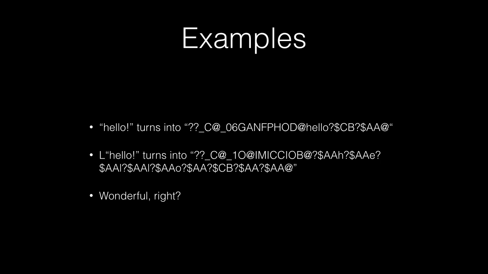And then what was before that hexadecimal number was some sort of length. That's what that 6 is. That's my hello. And then that 0 appears to be always 0, except if I make it wide, in which case it turns into a 1. Okay, interesting.